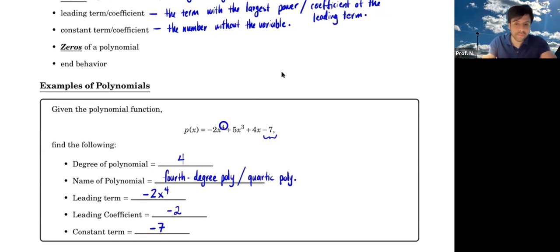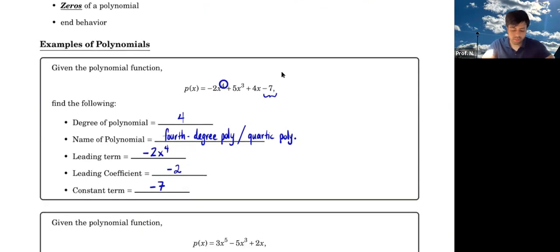If it's a first degree polynomial, they're also known as linear. We don't really say linear polynomials, but you can say linear functions of sorts. So it has everything to do with degree. That's really the main thing. If you know the degree, you know a lot of information about the polynomial. Okay? So let's go to the next one.